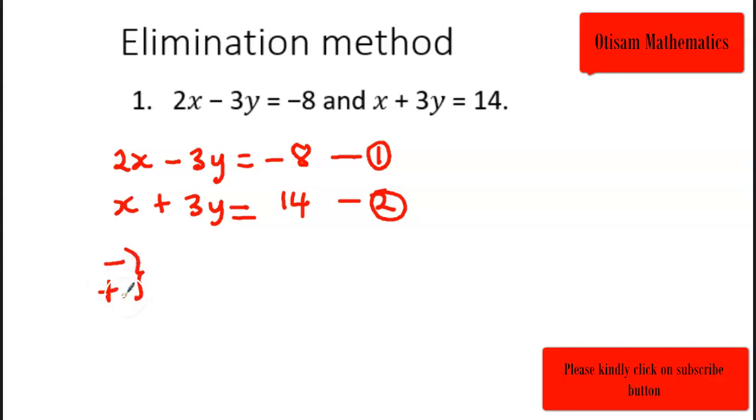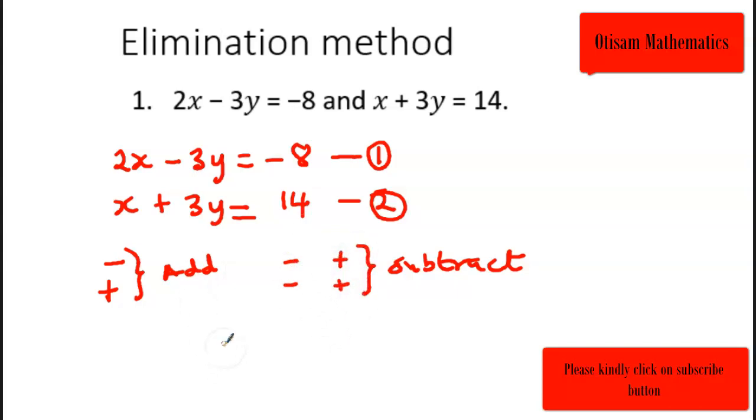If the coefficients are the same and the sign is different in the 2 equations, you add. And when the signs are the same, minus minus or plus plus, you subtract.